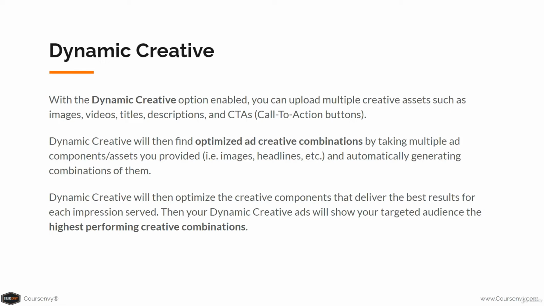Dynamic Creative will then find optimized ad creative combinations by taking multiple ad components or assets you provided, such as headlines and images, and automatically generate combinations of them. Dynamic Creative will then optimize the creative components that deliver the best results for each impression served. Then your Dynamic Creative ads will show your target audience the highest performing creative combinations.